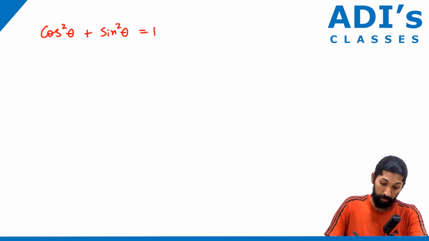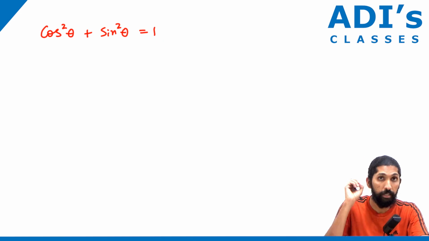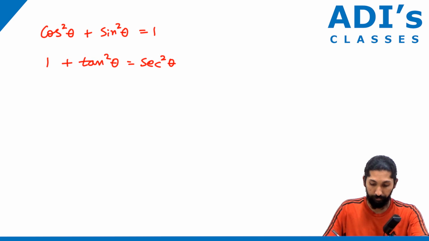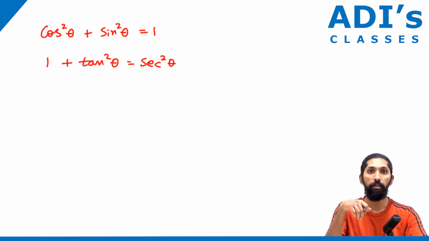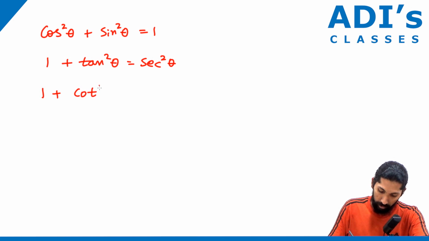For the next one, for the same identity, divide both LHS and RHS by cos square theta. Then we end up with 1 plus tan square theta is equal to secant square theta. That's the second identity. Again, if you take the first identity and divide by sine square theta, we get 1 plus cot square theta is equal to cosecant square theta.